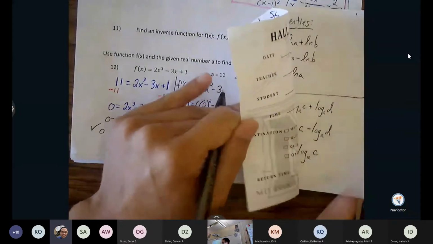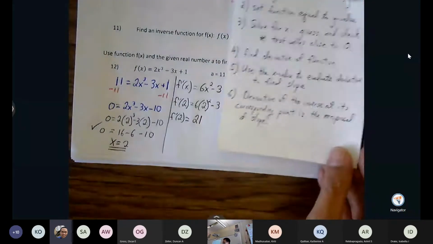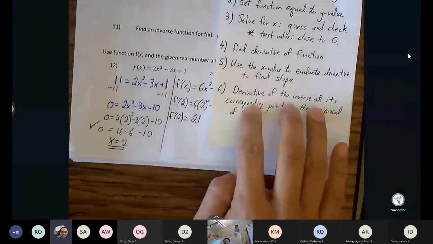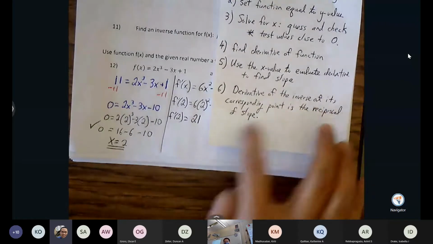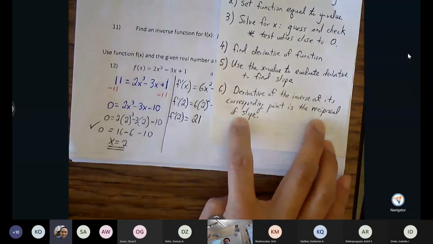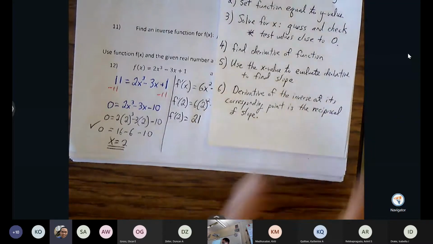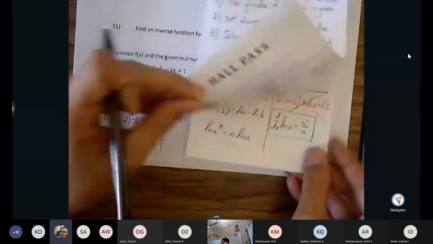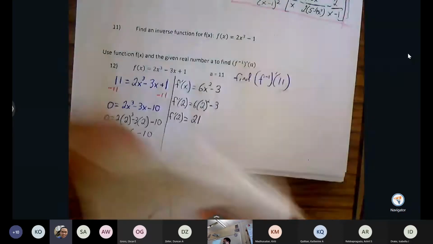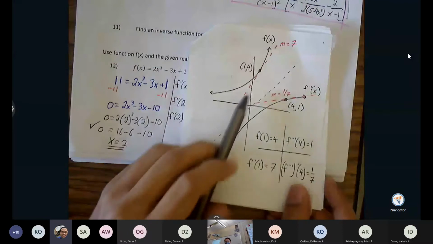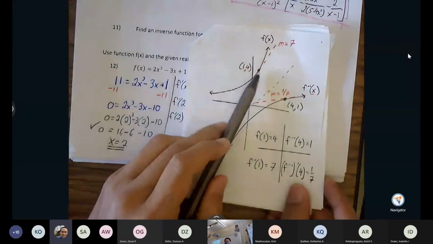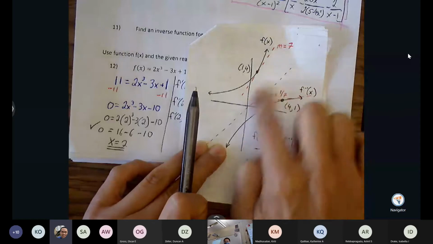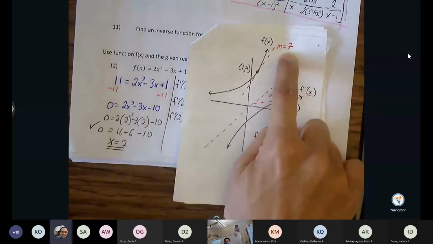Let me read the steps first. We found the slope, and now the derivative of the inverse at its corresponding point is going to be the reciprocal of the slope that we just found. Let me give you a visual so you can have a picture in your mind here. For a certain ordered pair on the function, we found the derivative, the slope, to be 21.